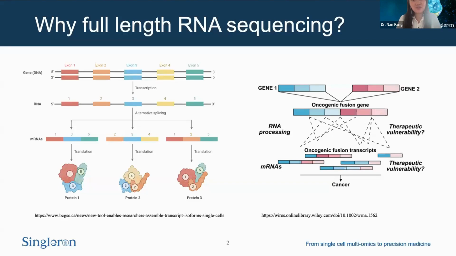But here, just a little background to remind all of us why with standard single-cell RNA sequencing, we could already get the RNA quantity information from each single cell. So we know how RNA is expressed differently in those different single cells, in those different cell types or cell subtypes.